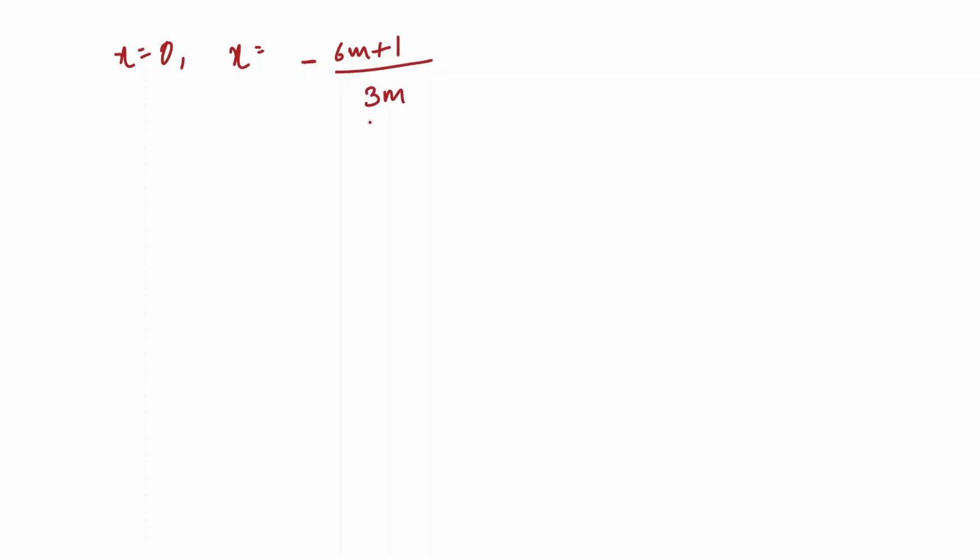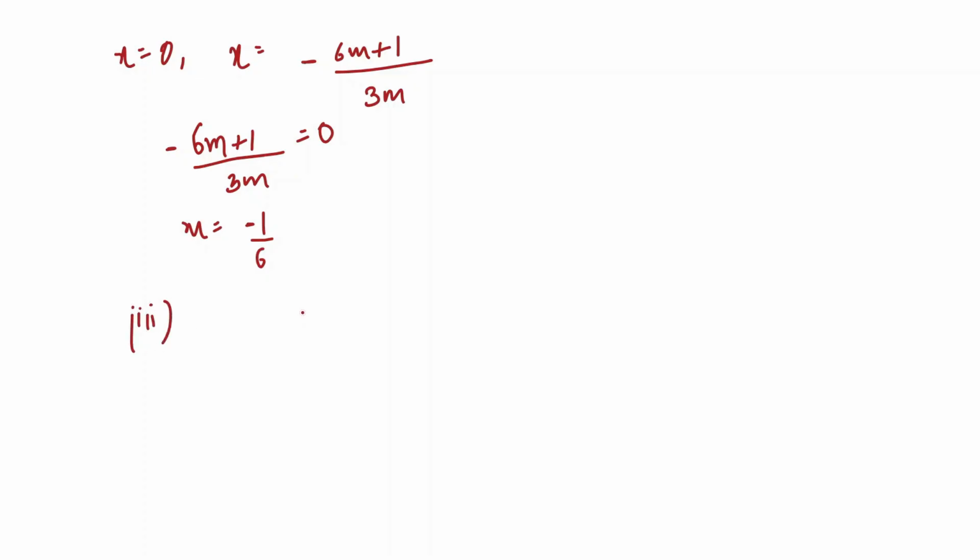So we are going to equate these two roots: minus (6m plus 1) over 3m equals 0. When you solve this, the value of m will come out as negative 1 over 6, which is your answer. Now let's solve the third part of this question.